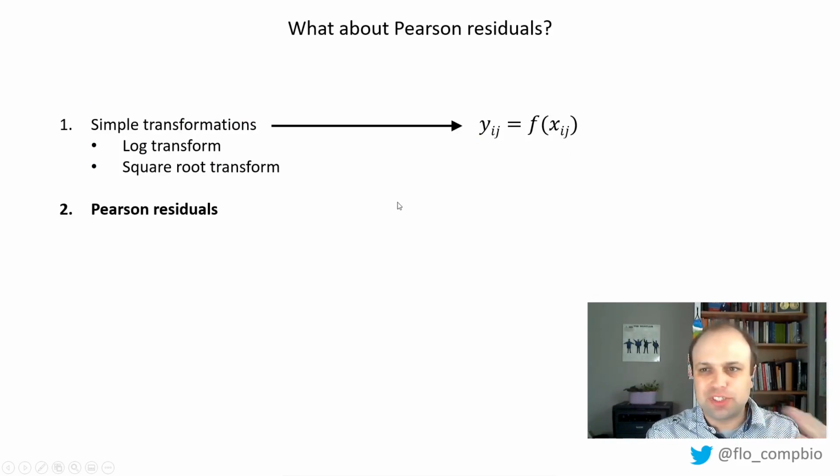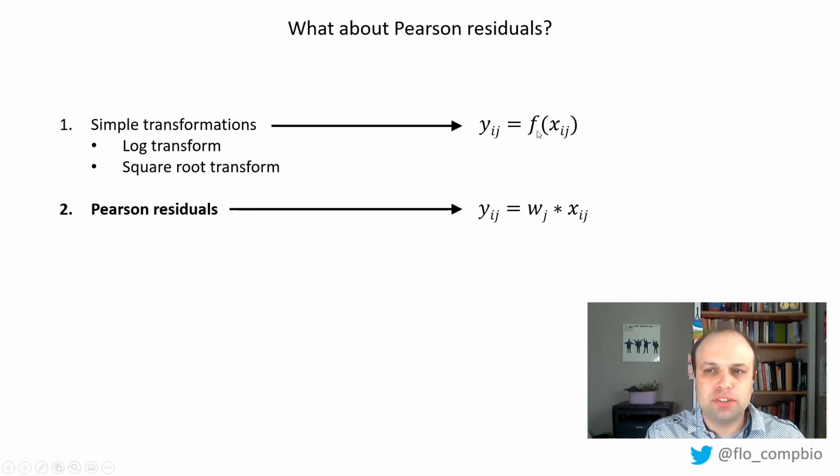Okay, so we've covered these simple transformations, the log transform and the square root transform. What about Pearson residuals? Pearson residuals work very differently from these simple transforms. Here, you're not applying some function independently to each measurement.